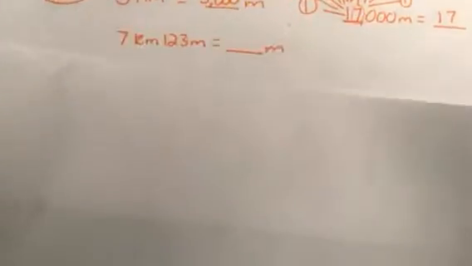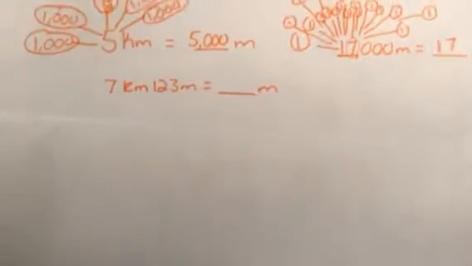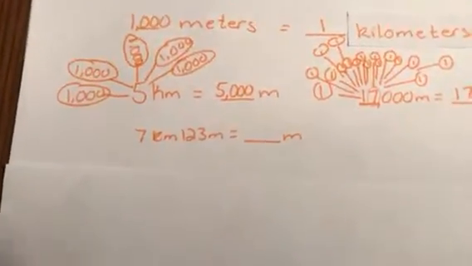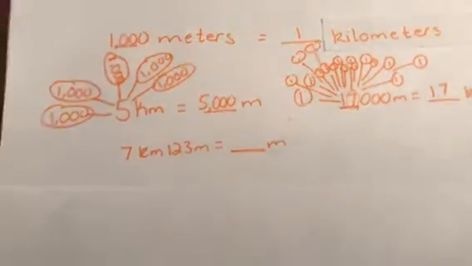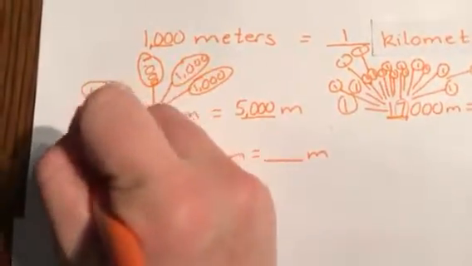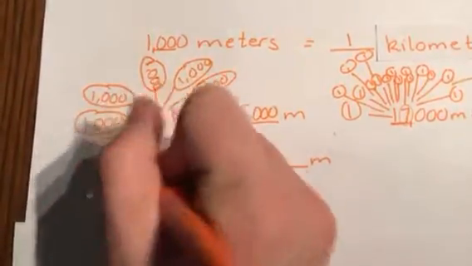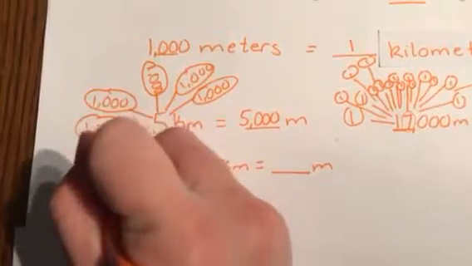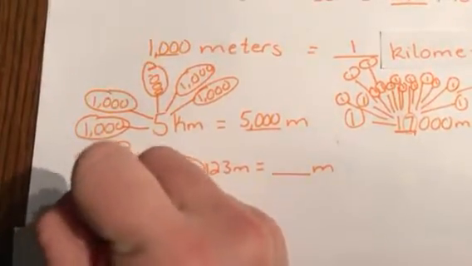Okay, so now we're going to move on to one that has a mixed amount. So this has kilometers and meters. Just like we did up here, for each one of these 7 kilometers, I can pull out 1,000 meters. And I should be labeling those meters too.